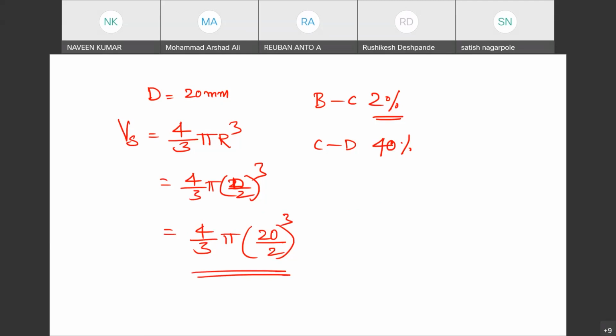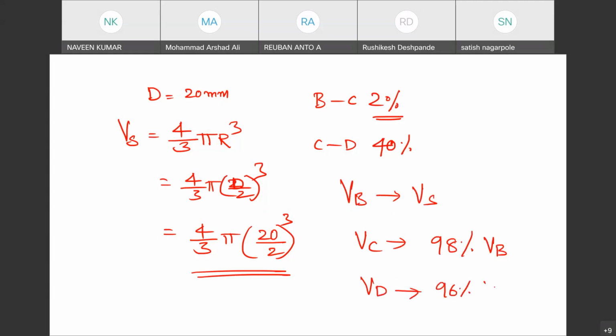Then they are saying that, same like before, Vb is volume of sphere, Vc is 98% of Vb, and Vd is 96% of Vc. Obviously 96% of 98% of Vb.